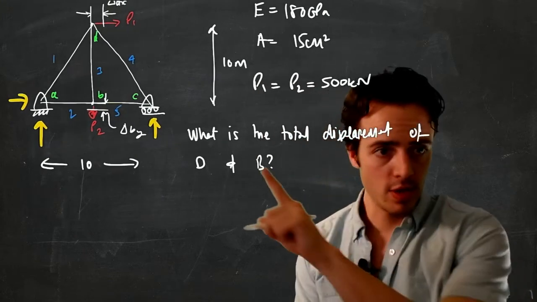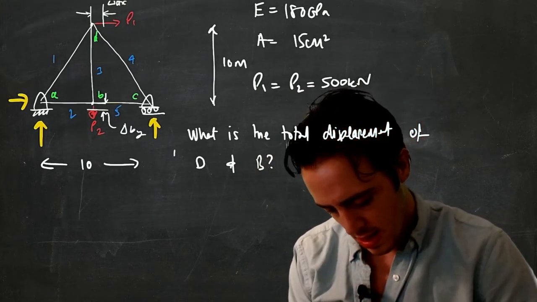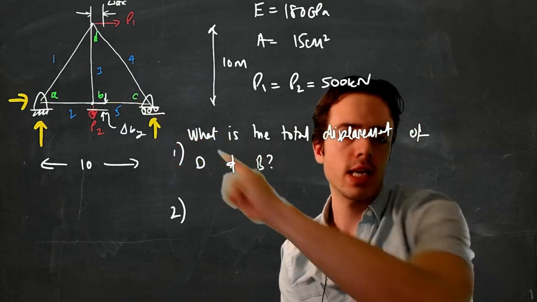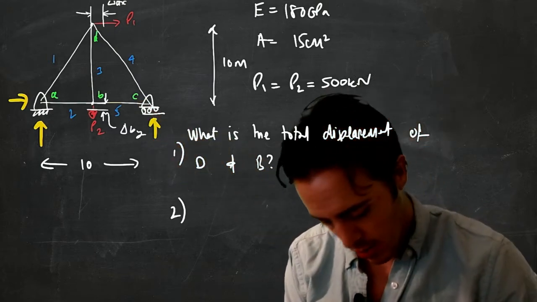So that's our first question: what's the total displacement of B and D? Second part, they're going to say, what if C was replaced with a built-in support?